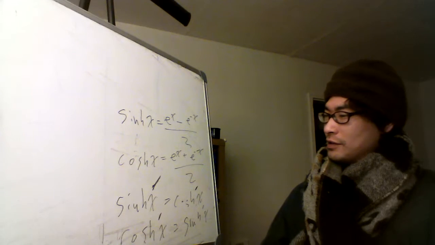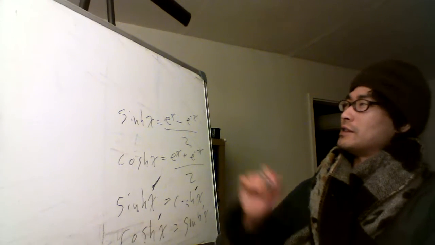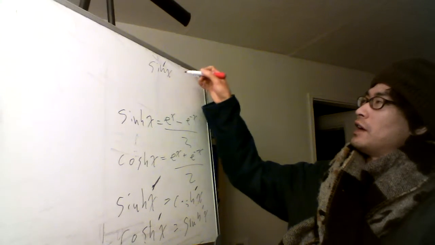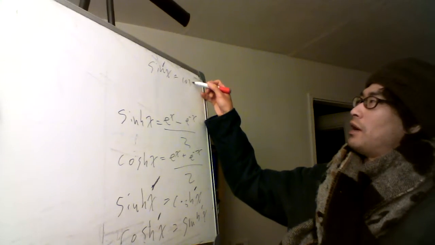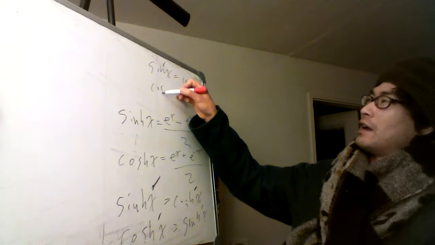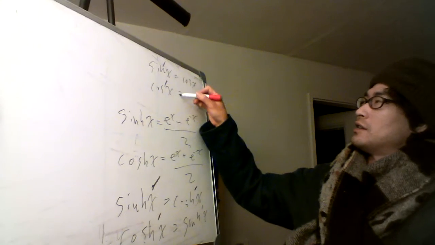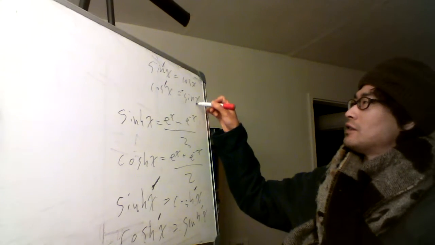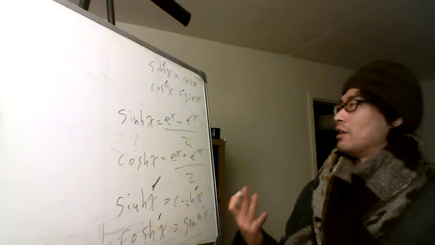Because in trigonometry, sine x differentiated is cosine x, but cosine x differentiated is minus sine x. So there's some difference, but it's similar enough.